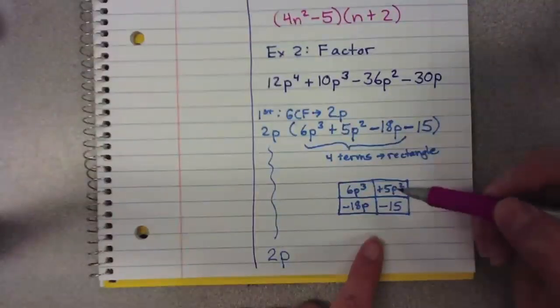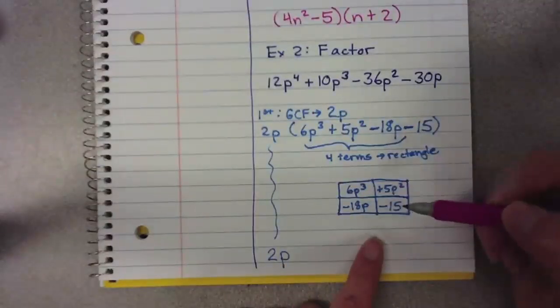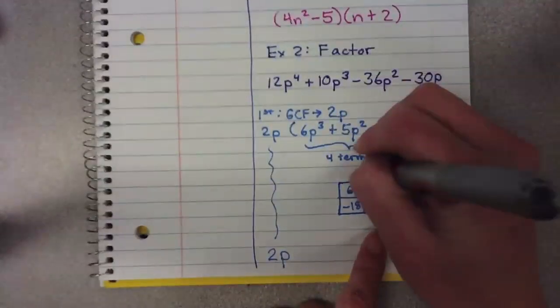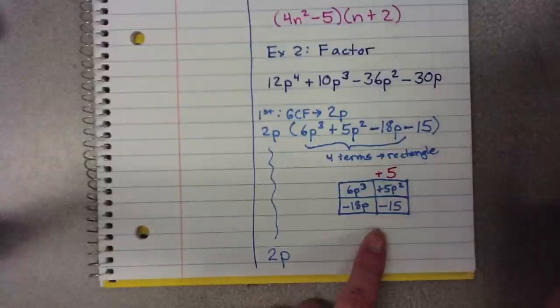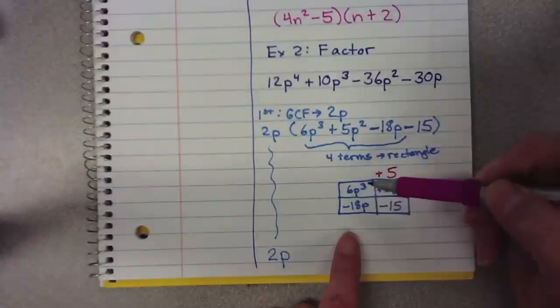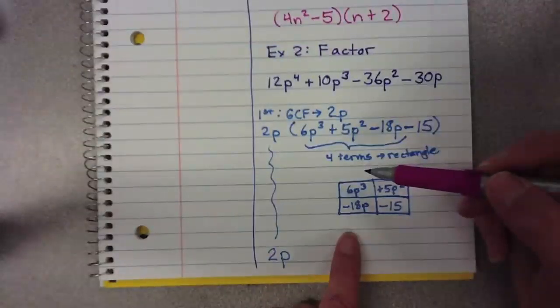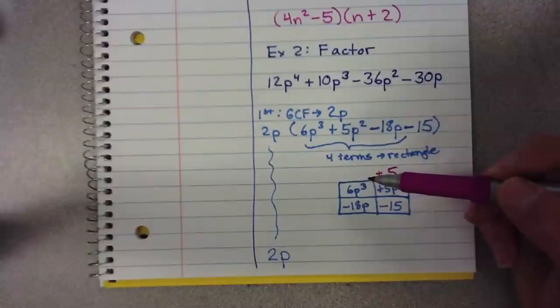All right. Greatest common factor right here. What is our greatest common factor? 5. Positive 5. What is our greatest common factor right here? 3p. 6p. Yeah, and if you had pulled out a 3p, that's okay because you'll catch it later if you're checking.